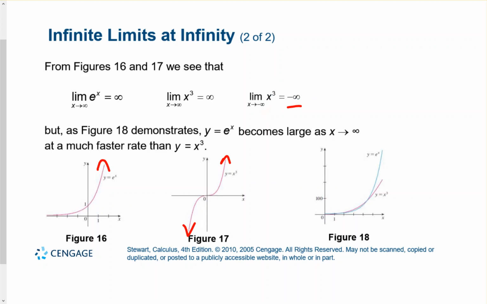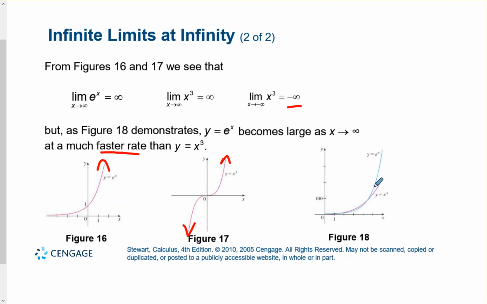If we did a comparison of e to the x with x cubed, notice e to the x just shoots up faster. e to the x becomes large as x goes to infinity at a much faster rate than y equals x cubed.